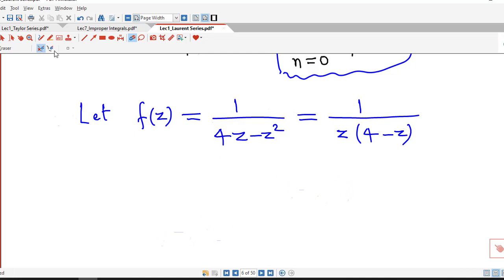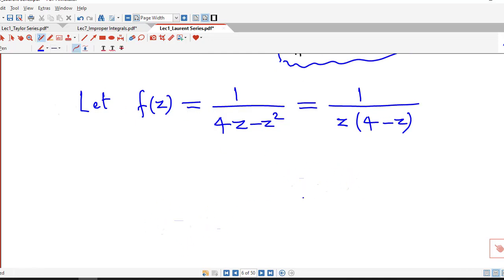Here the function is not analytic at 2 points, z equal to 0 and z equal to 4.